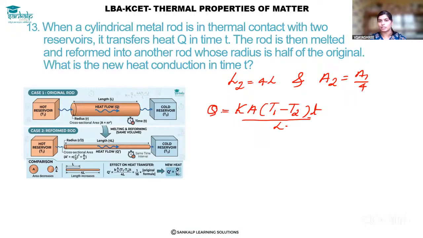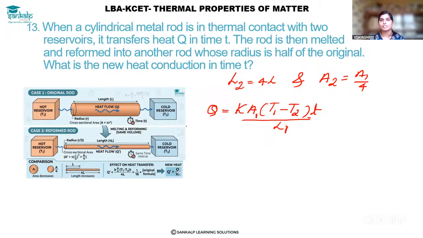K is the same, the material is the same; the area is A1 and (T1 minus T2), time interval t, and length L1. This is for the first transfer of heat, when we take the original rod.